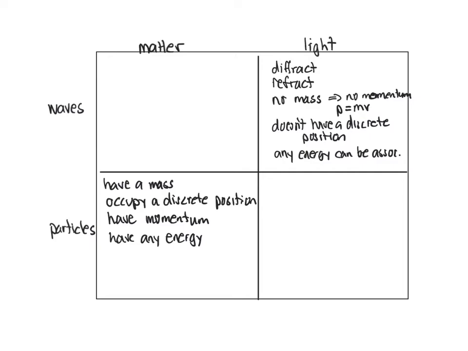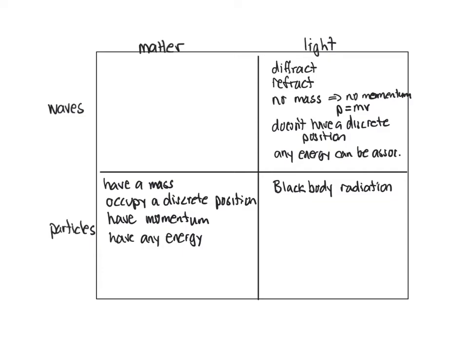Particles, matter are particles, light is a wave. But at the end of the 1800s, beginning of the 1900s, we have a lot of experiments that showed that this didn't work. The first inkling of this was when people were looking more carefully at light, an observation of black body radiation, which is essentially the spectrum of wavelengths of energy coming off of a glowing body, like the sun, for instance.